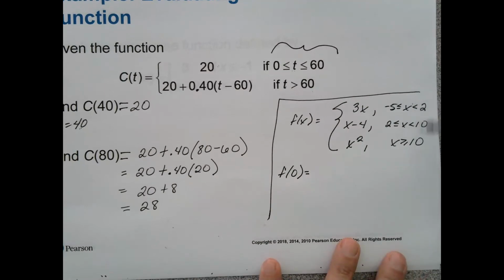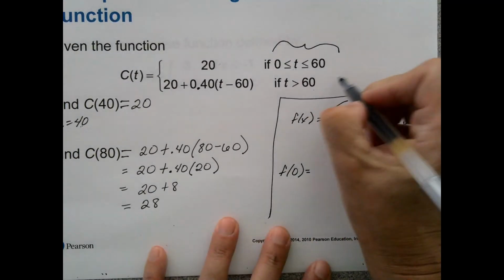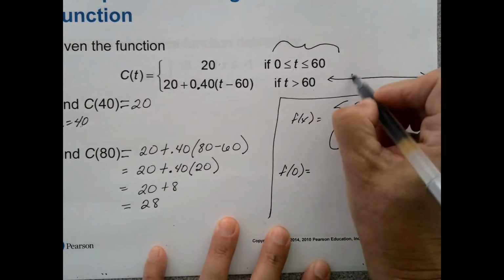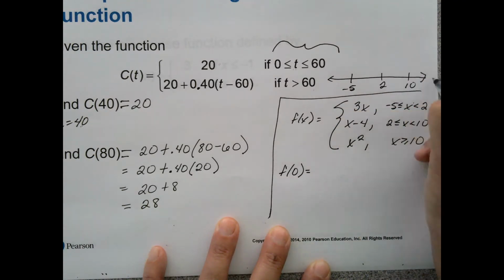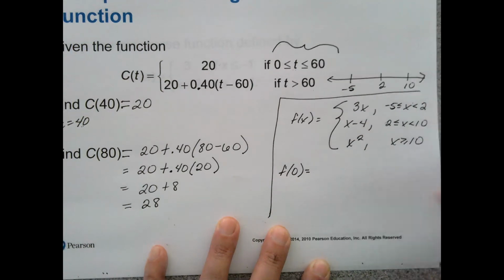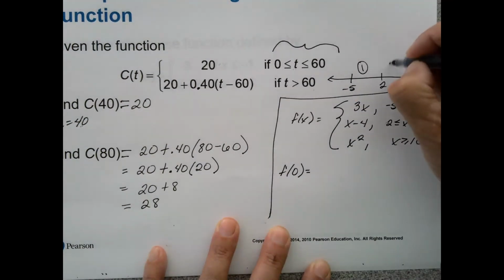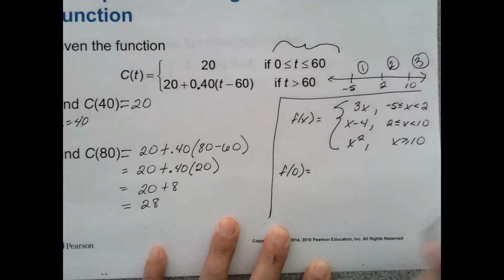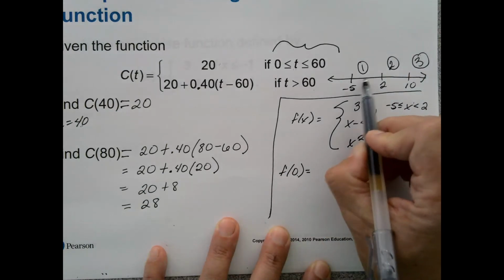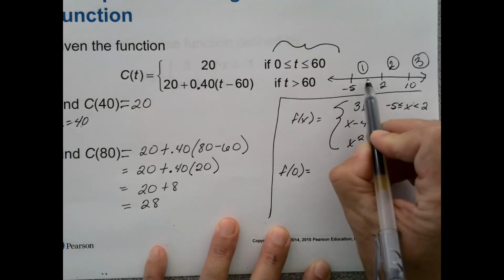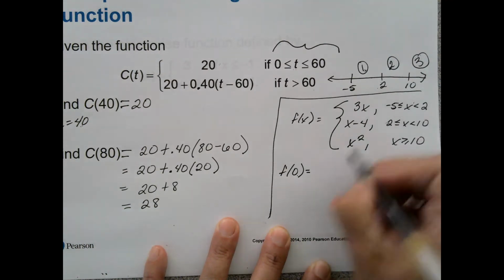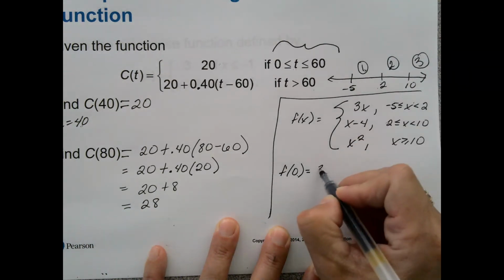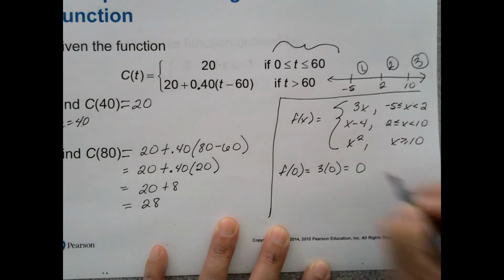You have to compare to see where 0 would fall. Think about a number line. We have some divisions at -5, at 2, and 10. This is piece 1, this is piece 2, this is piece 3. For f of 0, 0 is between -5 and 2. That tells me it goes into piece 1. So f of 0 is only in piece 1, so I'll get 3 times 0, which is 0.